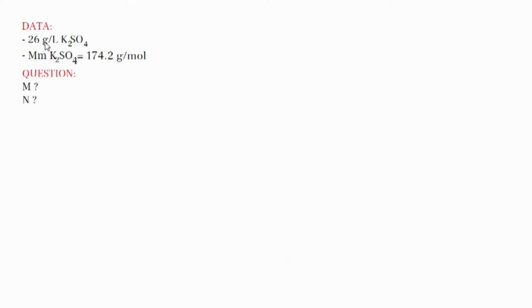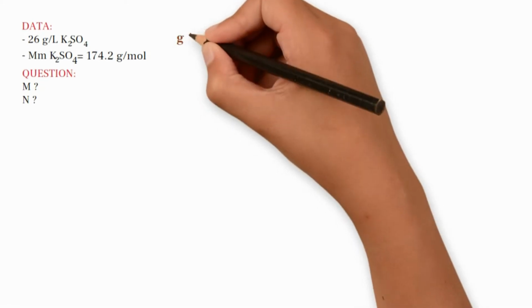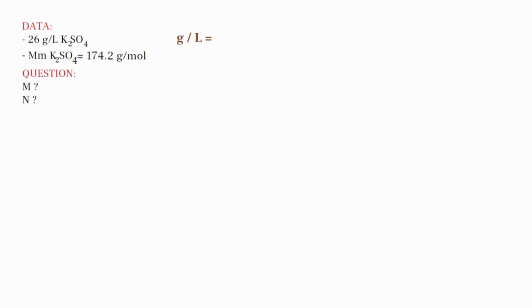So what we have to do is to go from gram over liter, which is a way to express concentration, to molarity and normality. As we usually do, let's see again the definition of gram over liter, and then the definition of molarity and normality.